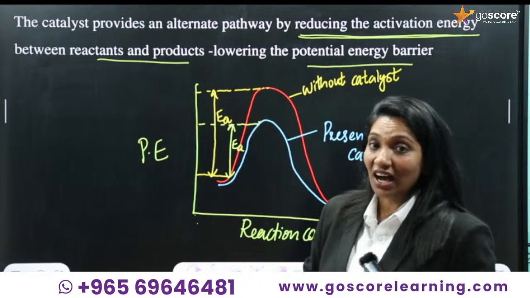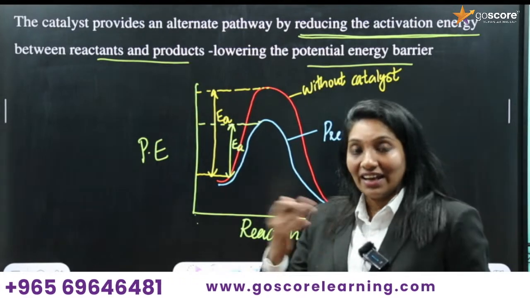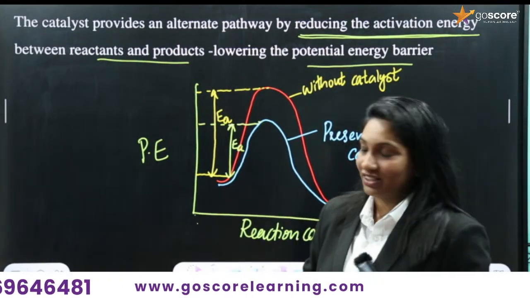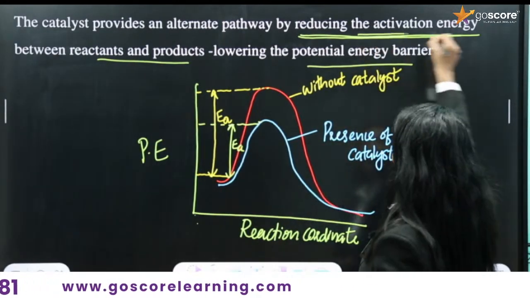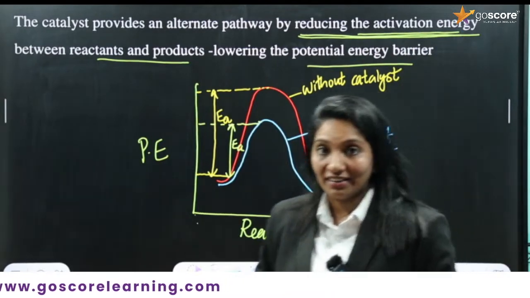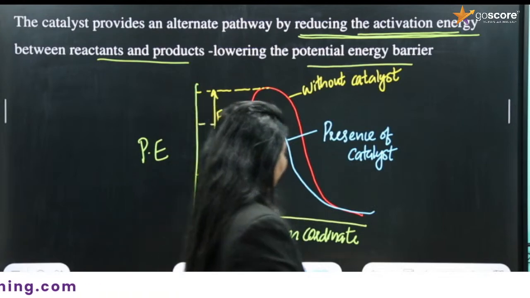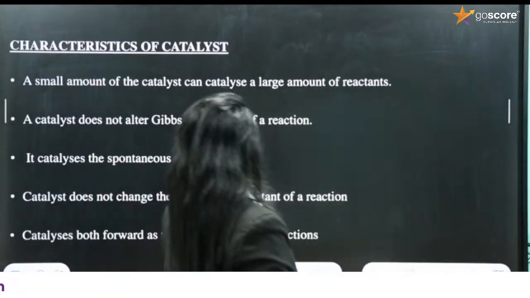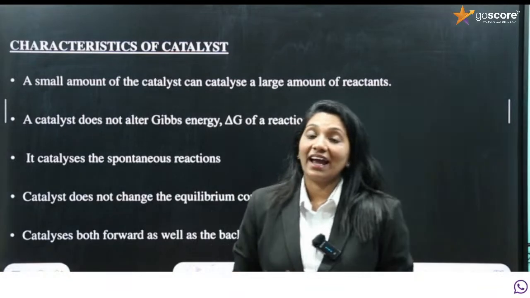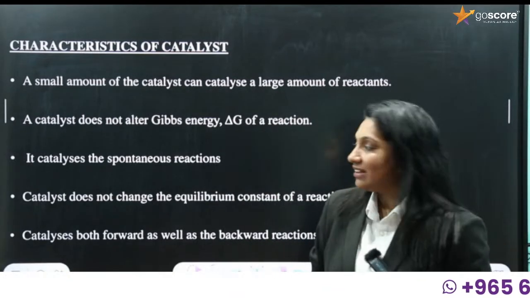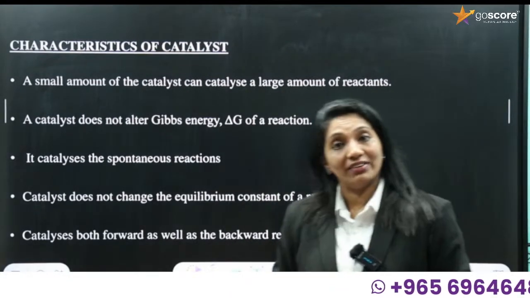So, did you get an idea how the catalyst increases the rate of a reaction? By reducing the activation energy of the reaction. Okay. So now see certain characteristics of a catalyst. These 5 points are very important.